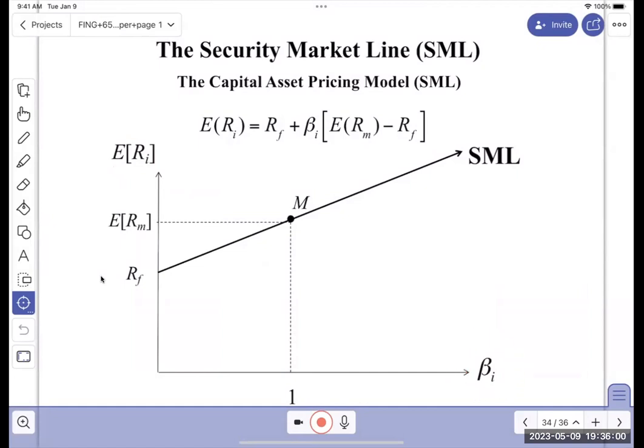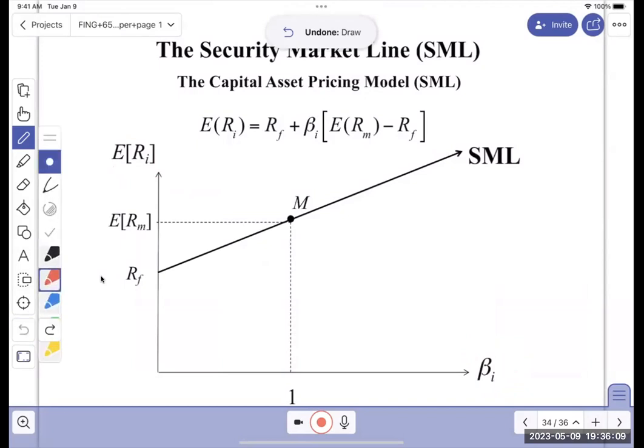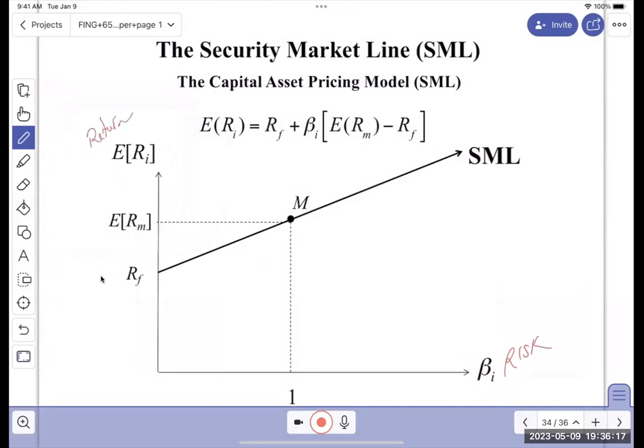So all I've done is change the axis for risk and return, and I'm doing it for each individual asset one at a time.